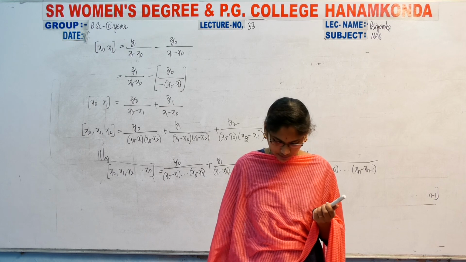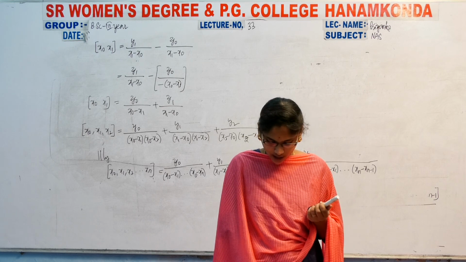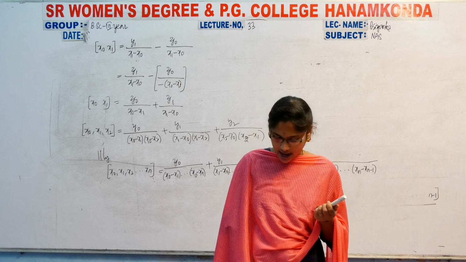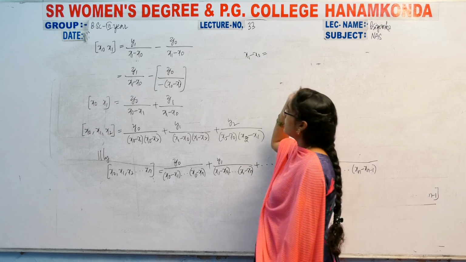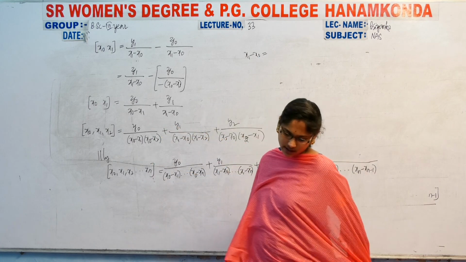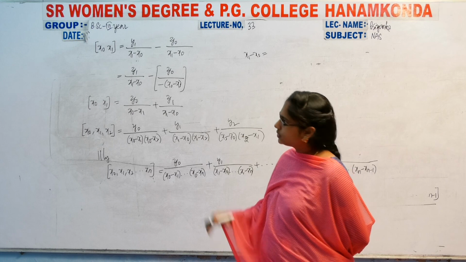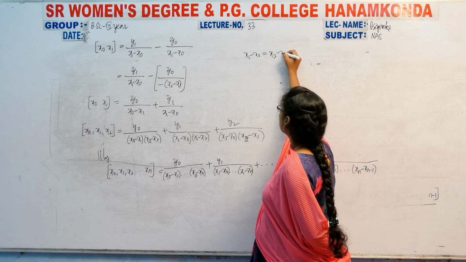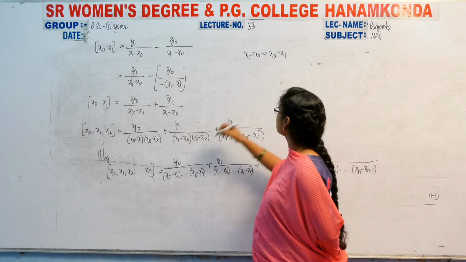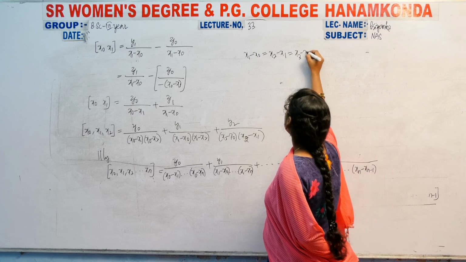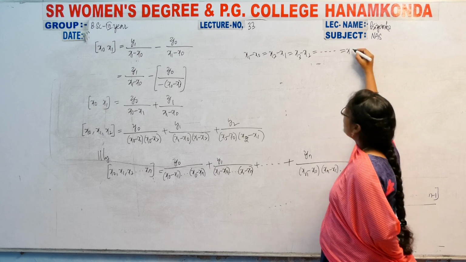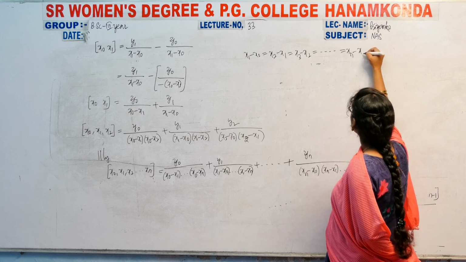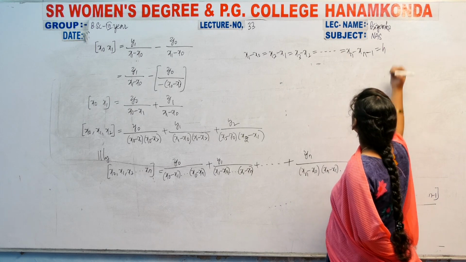And right now, by taking x1 minus x0 equal to x2 minus x1, all this equal to x3 minus x2 and so on, the last value xn minus xn minus 1 is equal to h.